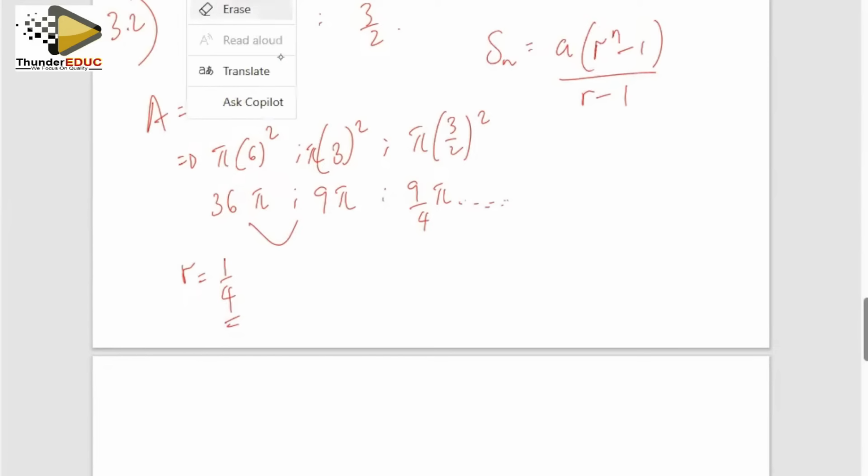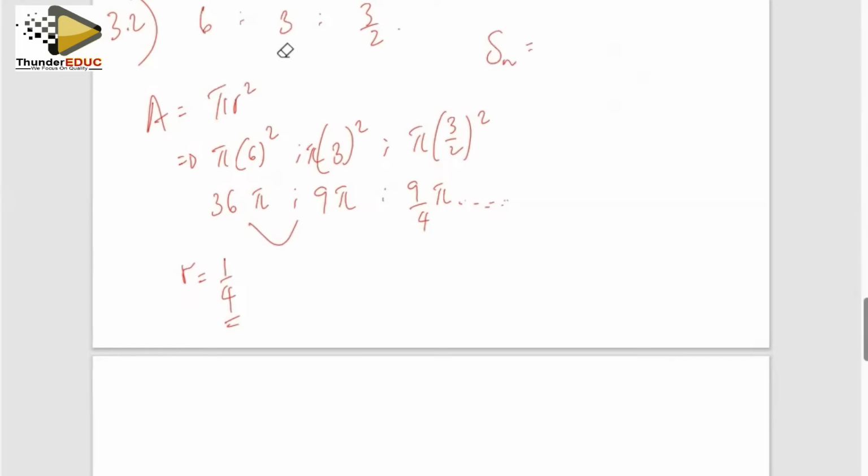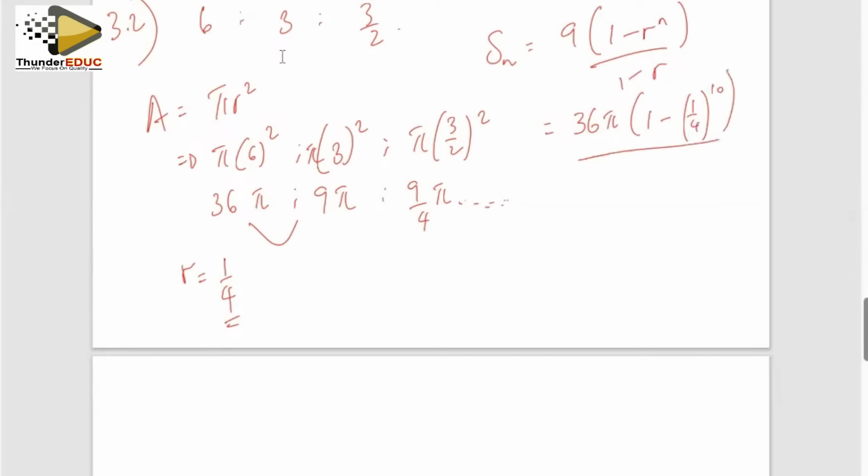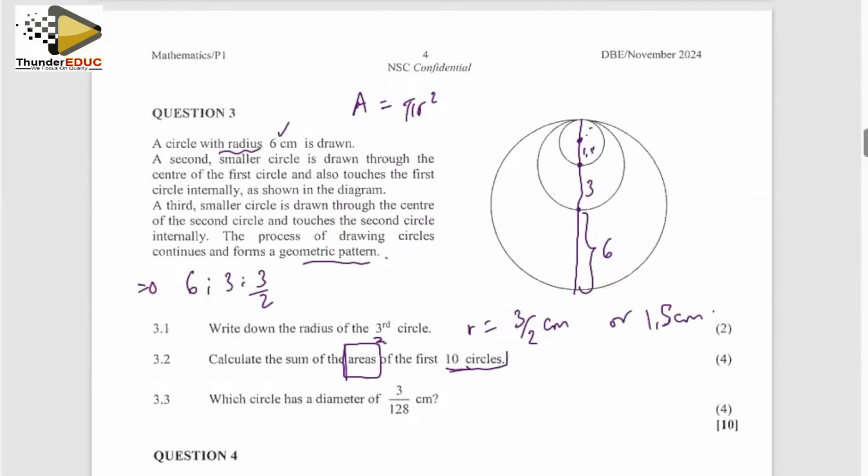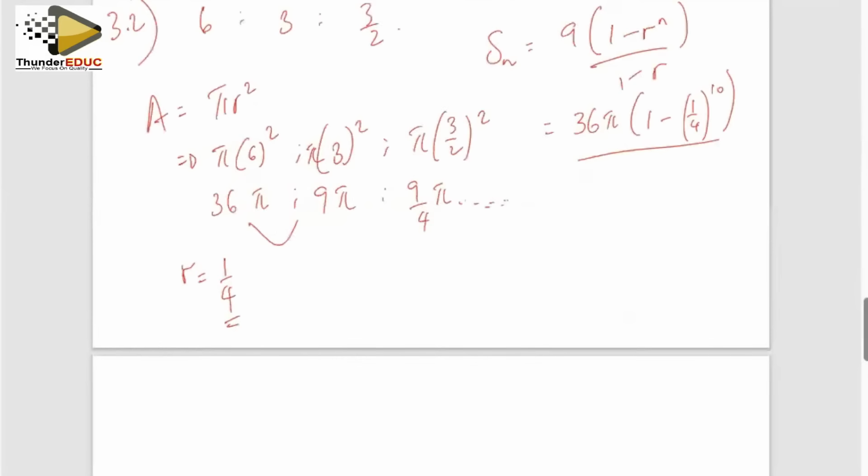Whichever, let me just use that other format, but we're still going to end up with the same answer. Okay, we said a times (1 minus r to the n) over (1 minus r). So our first area was 36 pi into 1 minus the common ratio, a quarter, to the 10, because they said the first 10 circles, over 1 minus a quarter.